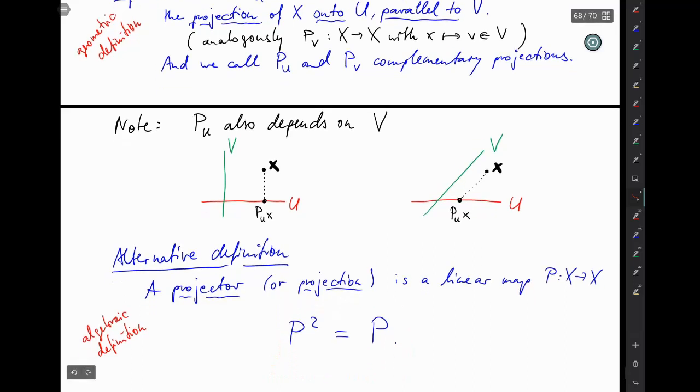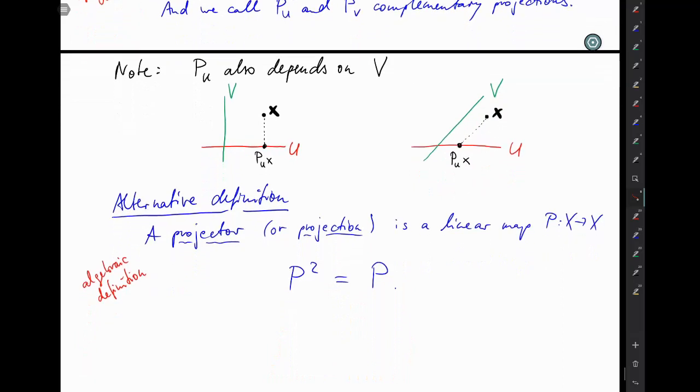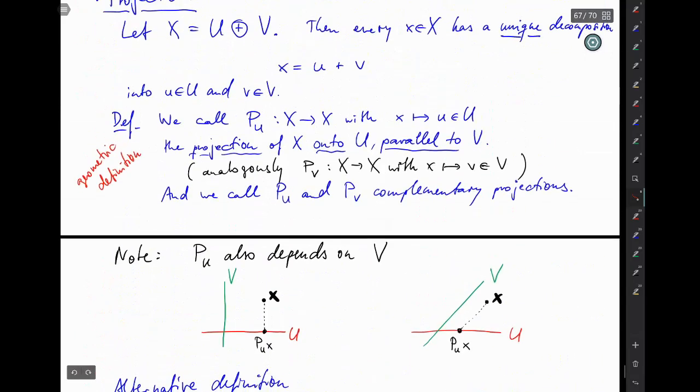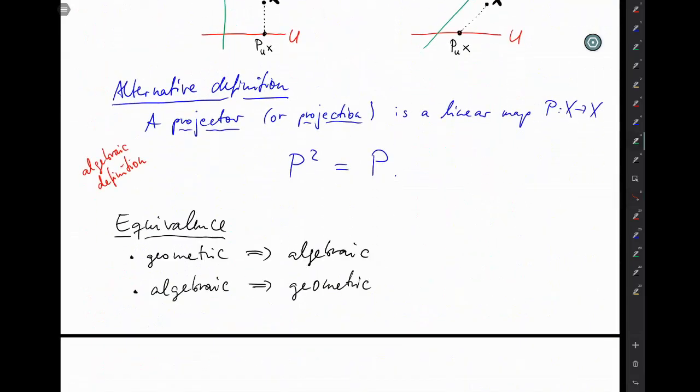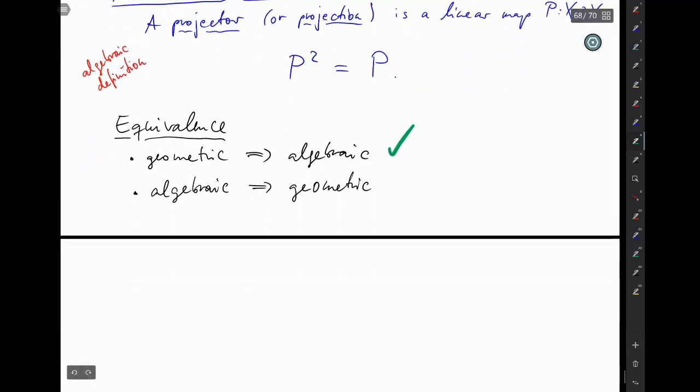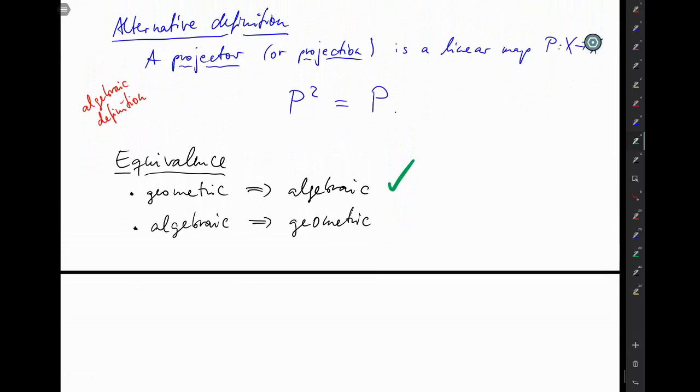The more interesting question is whether that one-liner in this algebraic definition already gives you all the richness and beauty that we've been talking about before. Okay, so we want to check this equivalence between the two definitions, and this one direction has been checked already. Now for the second direction, we don't have much to start with, right?